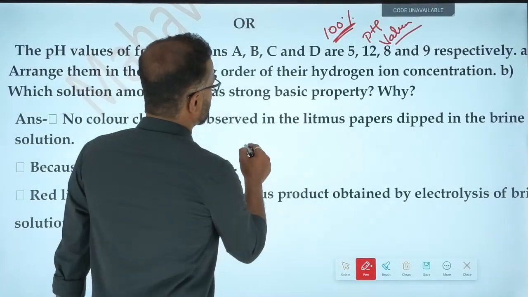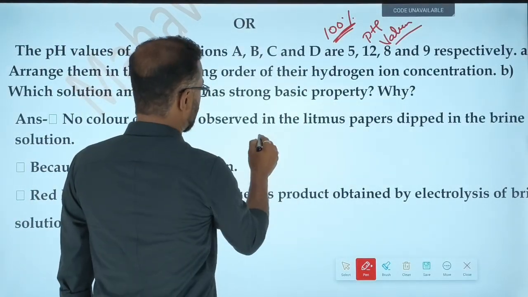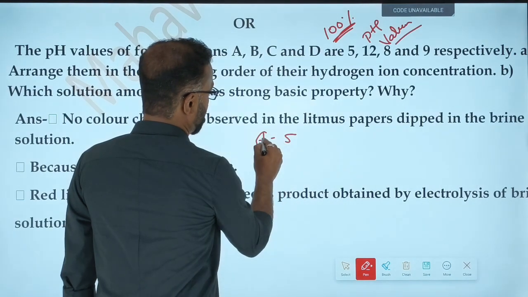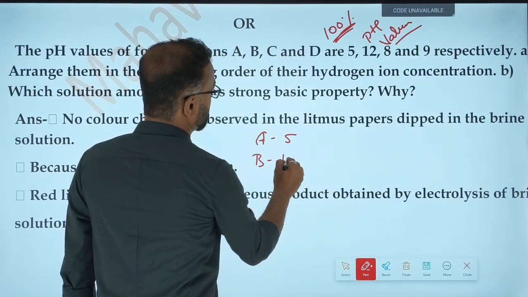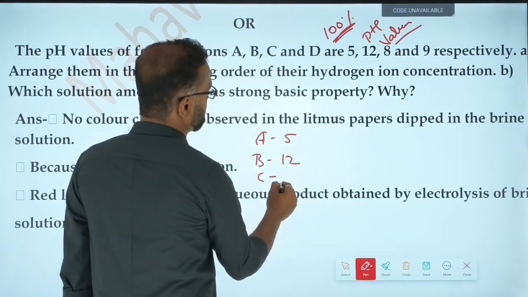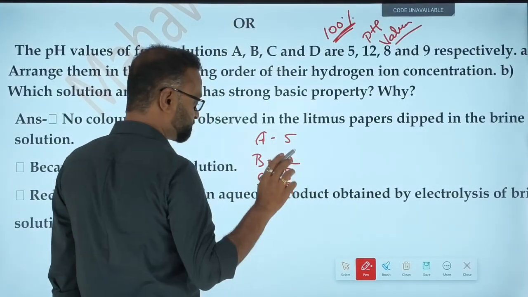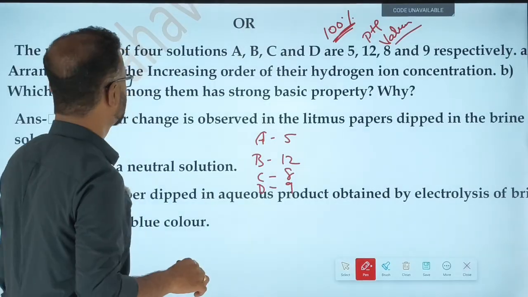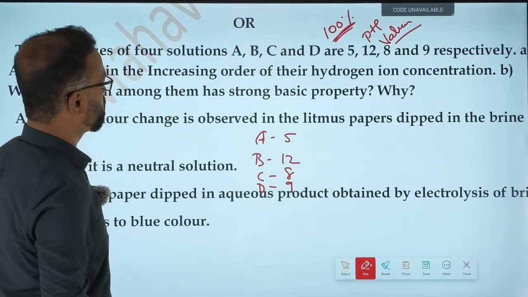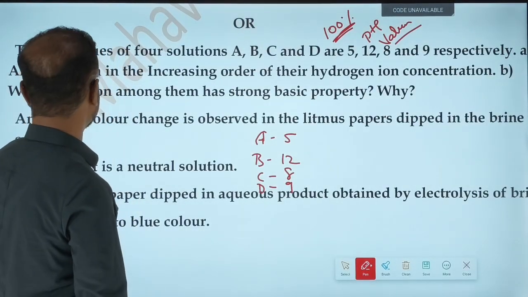See here. Now they are given A, B, C, D. A means pH value is 5. B 12, C 8 and D 9. Okay, now what is the question? Arrange them in the increasing order of their hydrogen ion concentration.